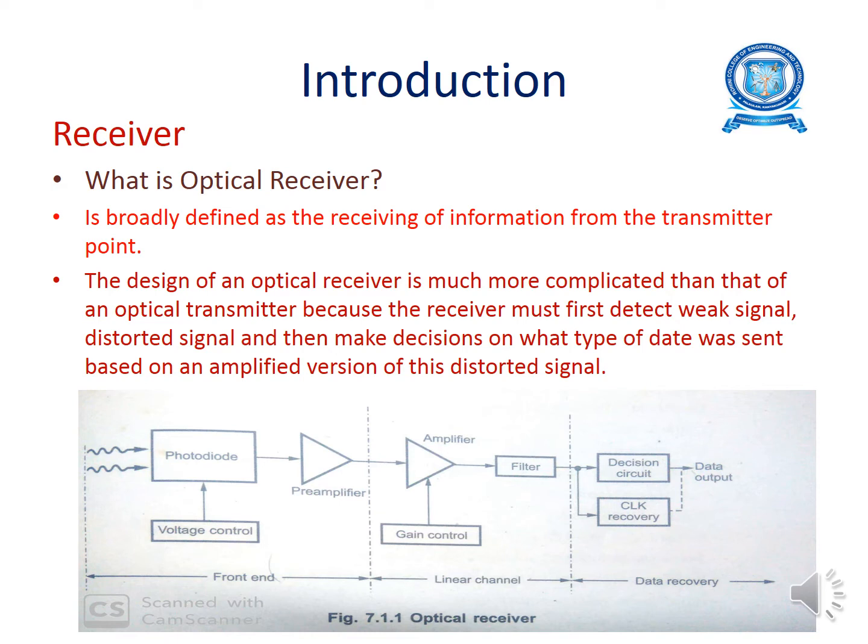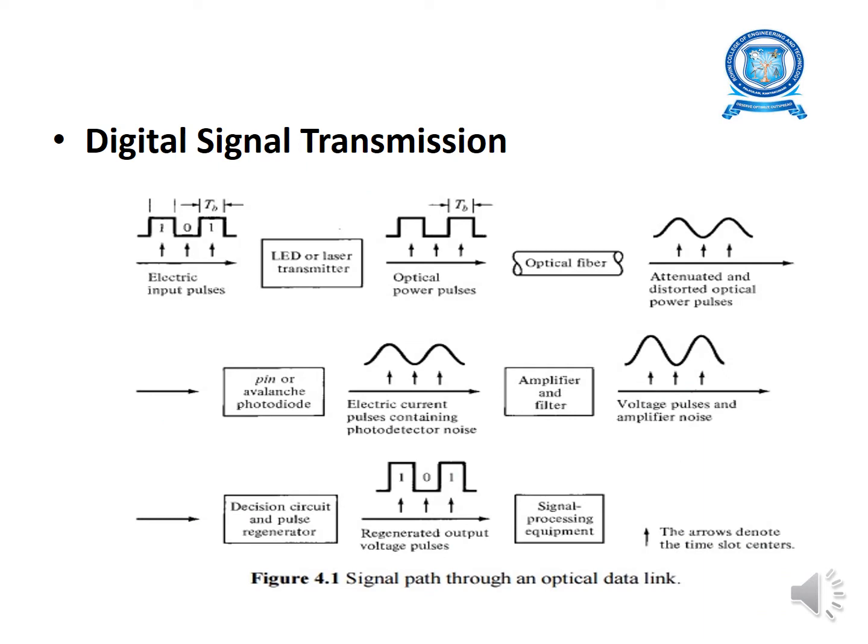Most fiber optical communication systems use a two-level binary data digital transmission process. So now we are going to see the digital signal transmission process. It is the block diagram of a digital data link. The top is the transmission path, the center is the channel path, and the last is the receiving path.